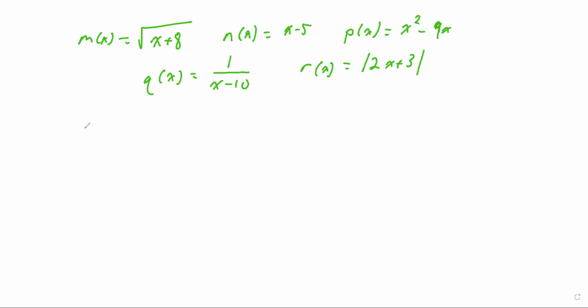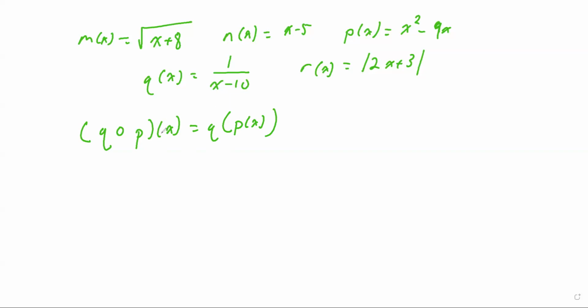So if I ask you these, I write it like this. This means Q of, that's a little open circle, P of x. Remember, this can be rewritten as Q of P of x.